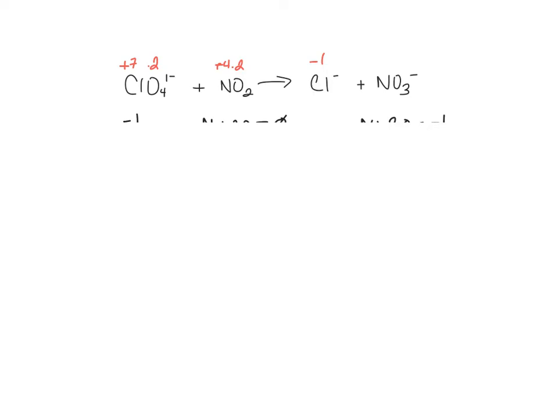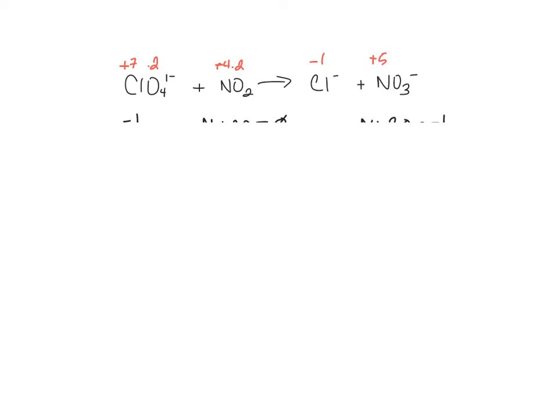So this is the nitrate ion, so the name specifies it's not a peroxide, so oxygen is -2. So this is equal to -6. So nitrogen added to something that's -6 equals -1. Nitrogen must be +5. So there we have our oxidation numbers for this reaction.